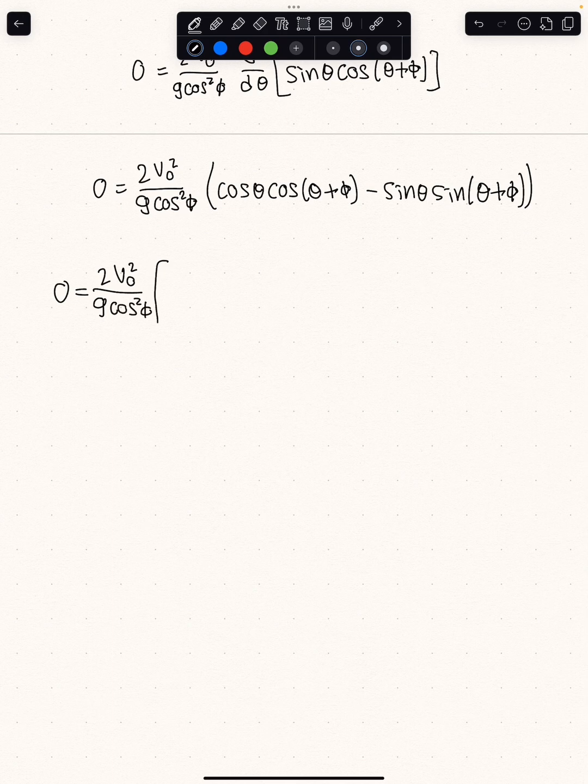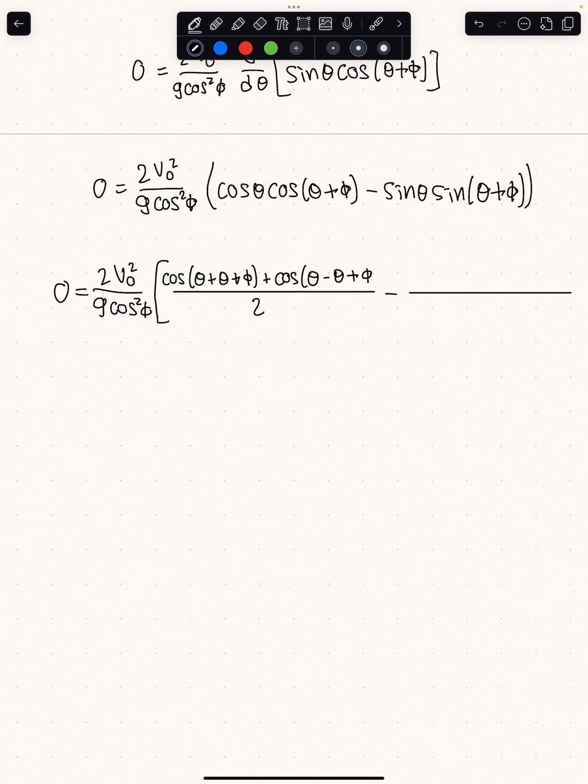And that is going to be multiplied by cosine theta plus phi plus cosine theta minus theta plus phi over 2. I may run out of room over here.